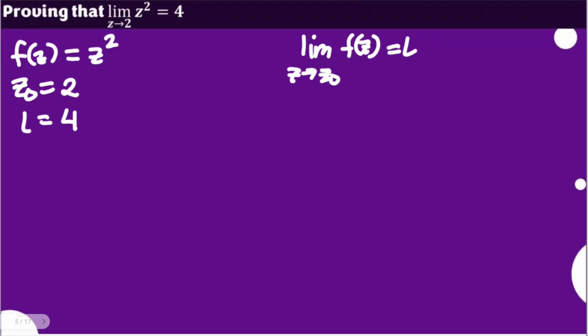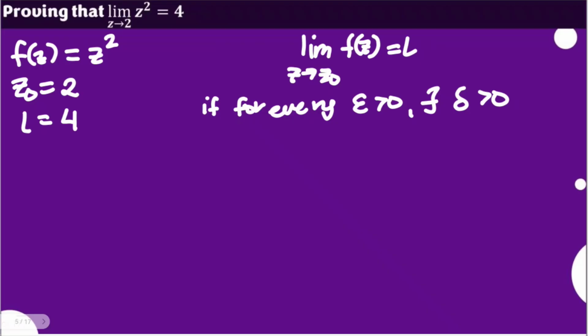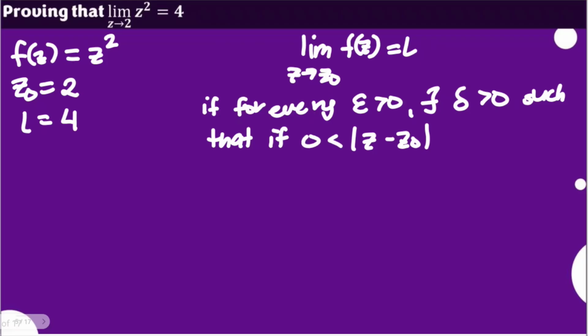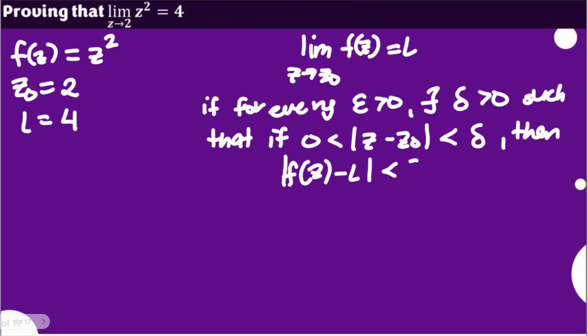using the definition that for every epsilon greater than 0, there exists delta greater than 0. That's our goal, to find the value of delta, such that if the absolute value of z minus z sub 0 is greater than 0 but less than delta, then the absolute value of f of z minus L is less than epsilon.